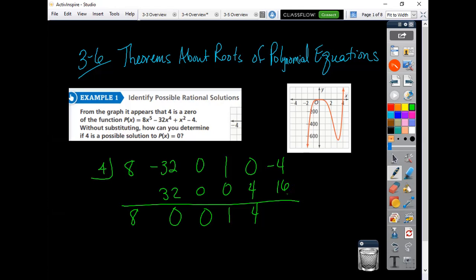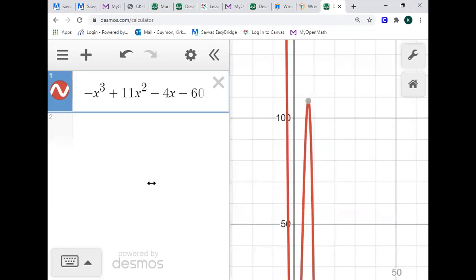Maybe I'll type it into decimals quick so you can see what I'm seeing. 8x to the 5th minus 32x to the 4th plus an x squared minus 4. I'll share my screen with you so you can see this Desmos equation. Let's see if we get the same graph that they did.